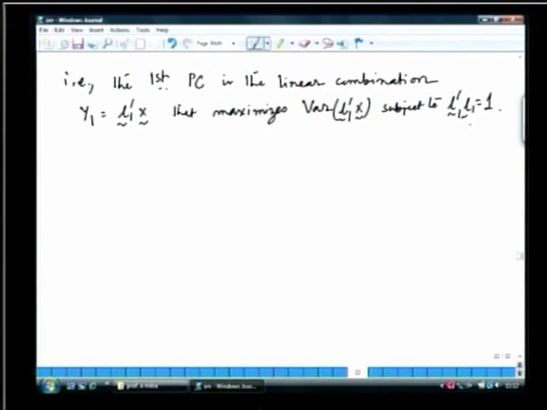Now, why is this required? I say that this y1 formed as L1 transpose x should be such that the variance of L1 transpose x is maximum.